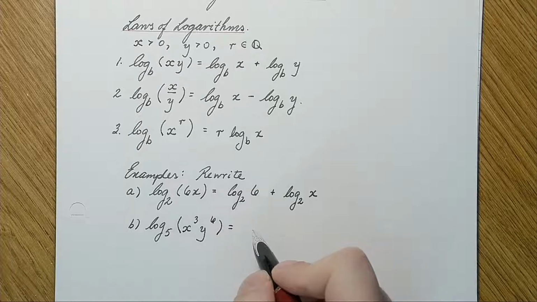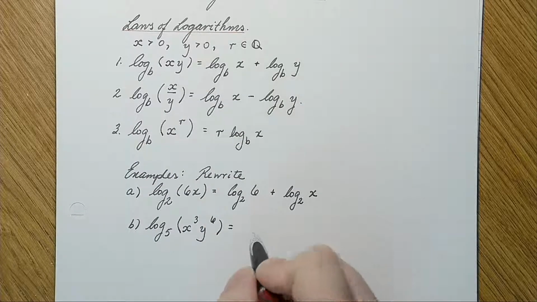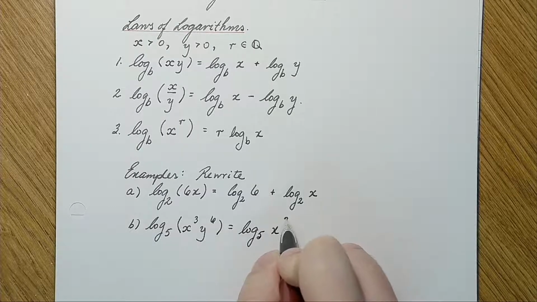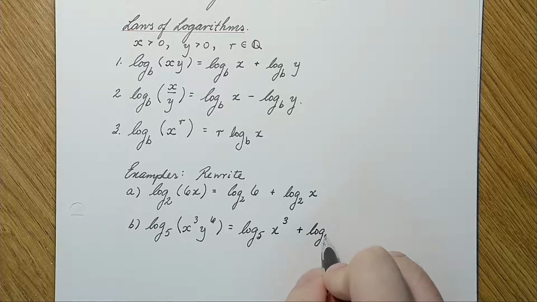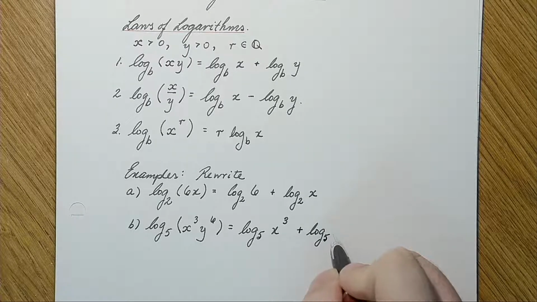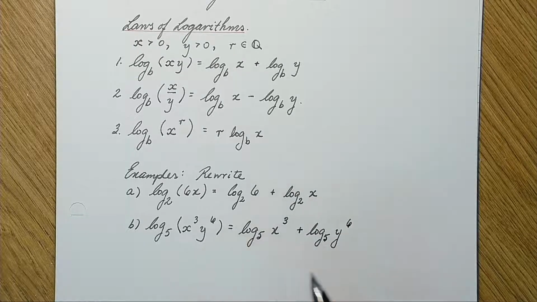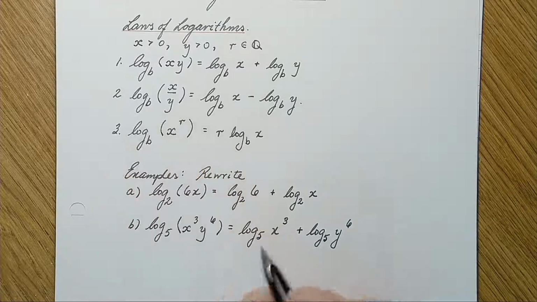So I can rewrite this as a sum, just like this one up here. So I can write it as a sum, plus log base 5 of y to the 6. And then applying rule number 3, I can actually bring that exponent out in front.